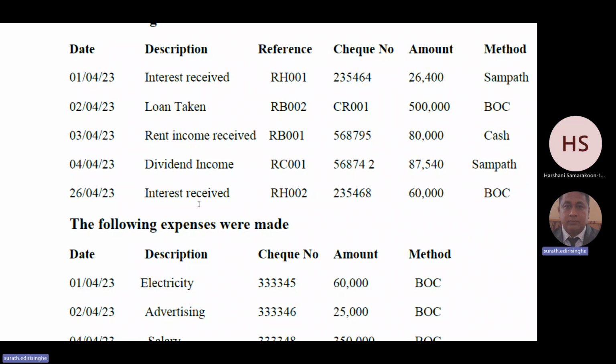Record this transaction using recurrent expense. Right. Record this transaction. This is the last transaction.